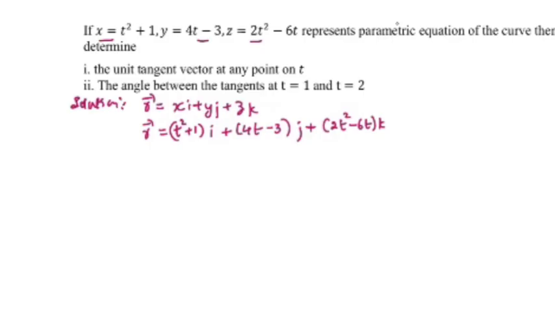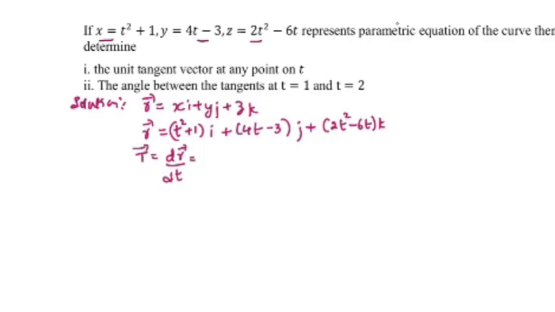Now we need to find the tangent. How to find the tangent? We know the formula: tangent equals dr by dt. Differentiating r with respect to t will be the tangent.